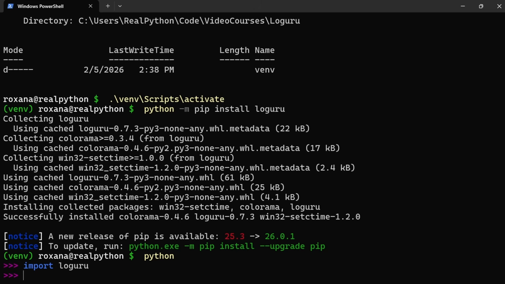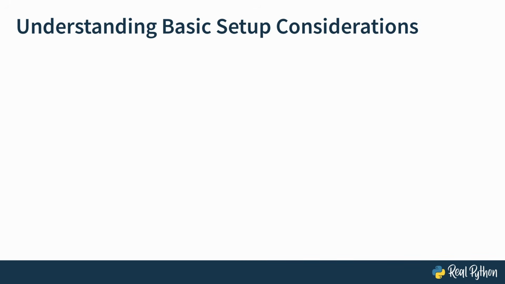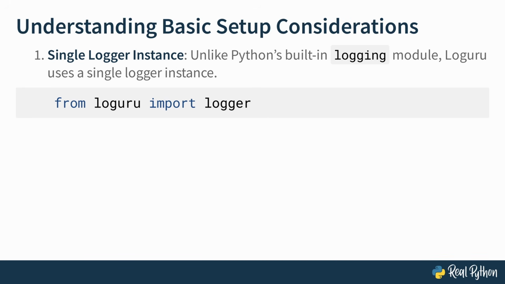So now that Loguru is installed, let's pause for a second before we write any code. There are a couple of important things about how Loguru works that are worth understanding up front. First, Loguru uses a single logger instance. Unlike Python's built-in logging module, you don't need to create or configure multiple loggers.